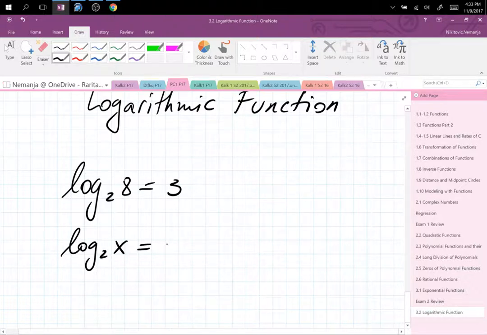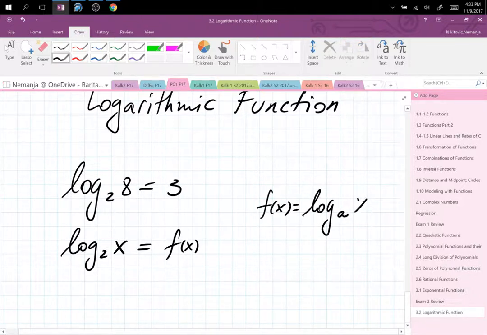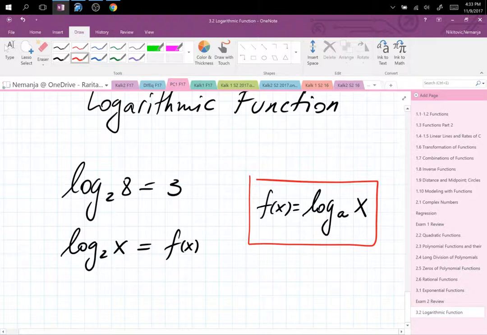Well, you just got a function, because this x will be changing values, which would be giving us different y values, and you got yourself a function. So the general form, it's not a formula, just a general form, of logarithmic function is log base a of x. And then you pick what base, right? Base 2, base e for ln, or whatever.